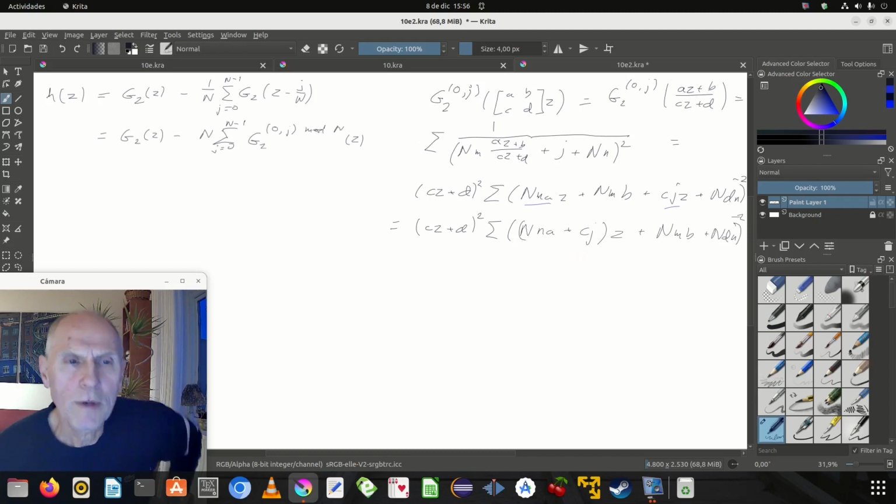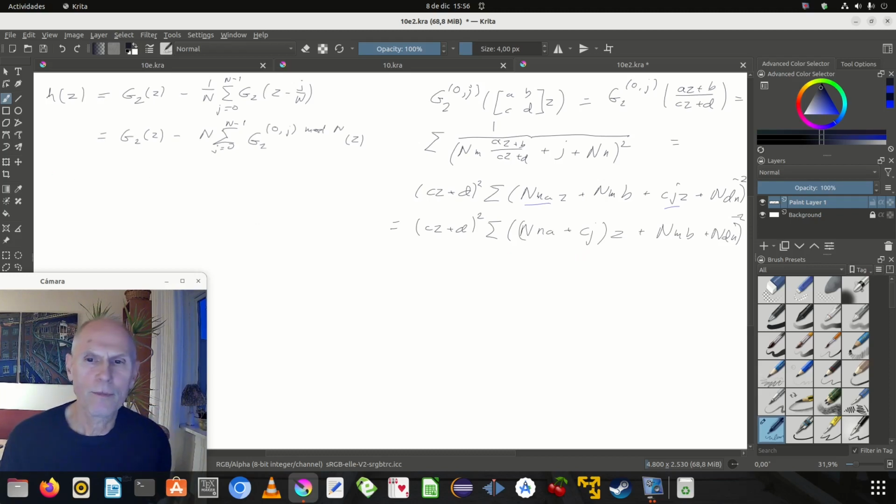Or rather, we must of course, it's not all integers we go through here, it's only a few of them. I'll have to think a little about how to change the order of the sums.